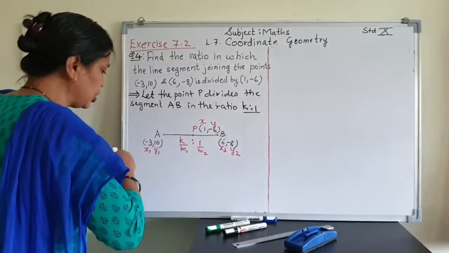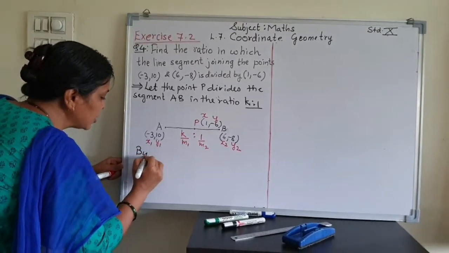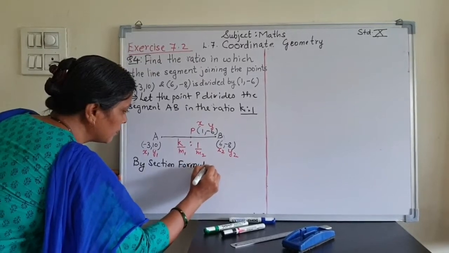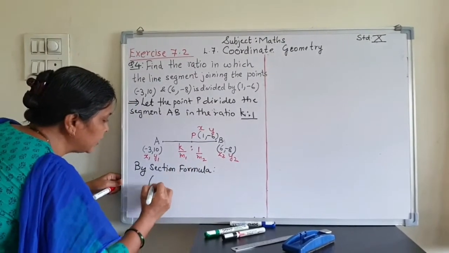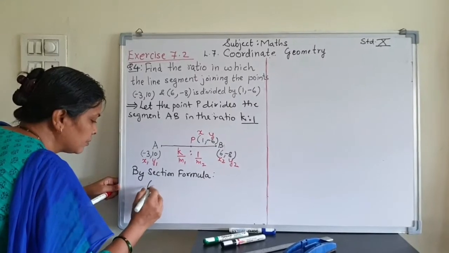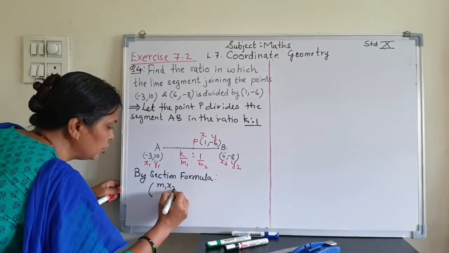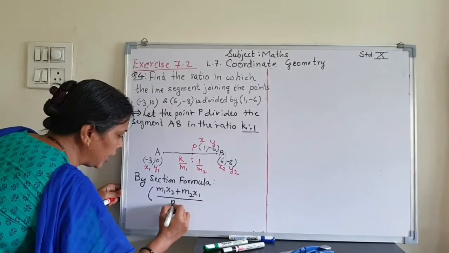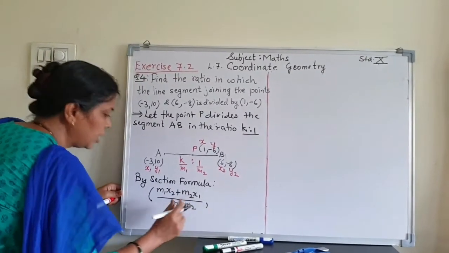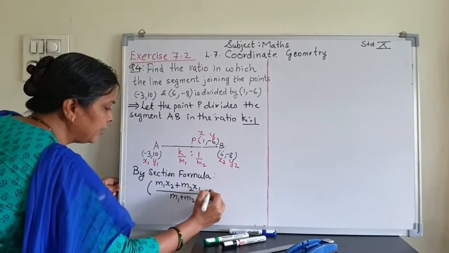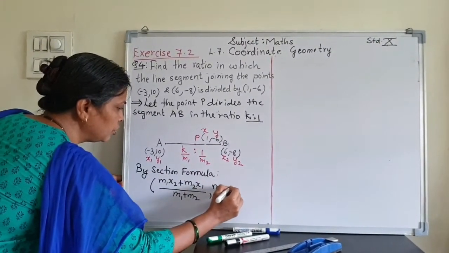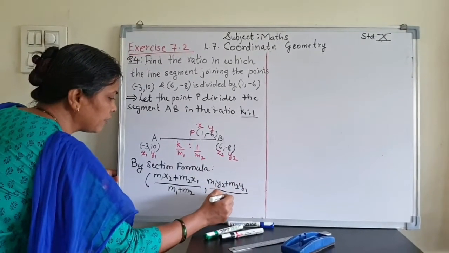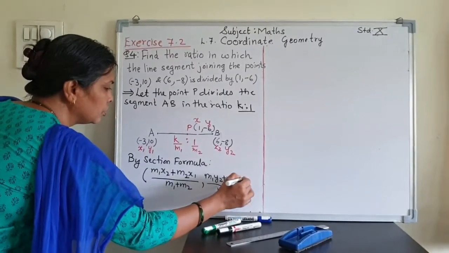Now we are using the section formula for this. So by the section formula, we get the x coordinate as m1 x2 plus m2 x1 upon m1 plus m2, and then the y coordinate as m1 y2 plus m2 y1 upon m1 plus m2.